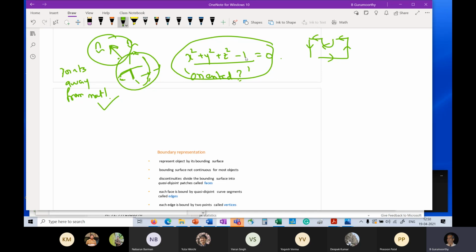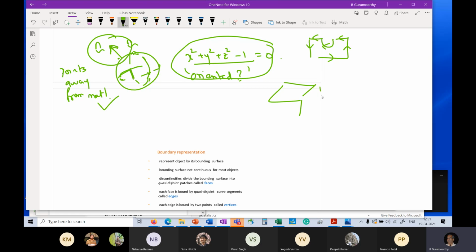But what is the problem with this representation? The problem is the same one that we saw earlier. How many solids do we have which have a single nice continuous bounding surface?